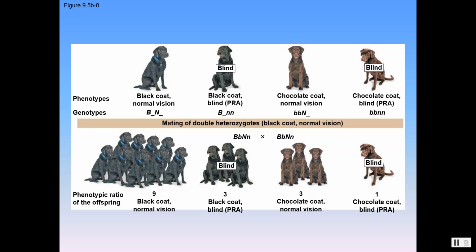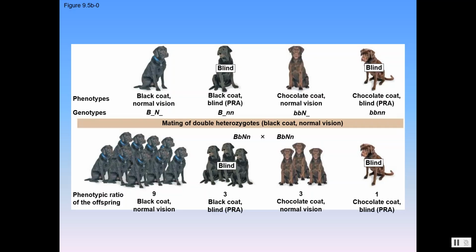This is a picture of labs, black labs. Black labs have a capital B, and chocolate labs have a lowercase b. Normal vision is capital N, blind is lowercase n.